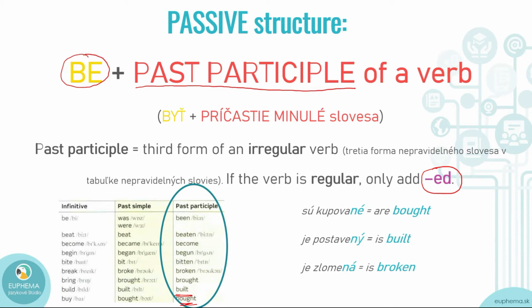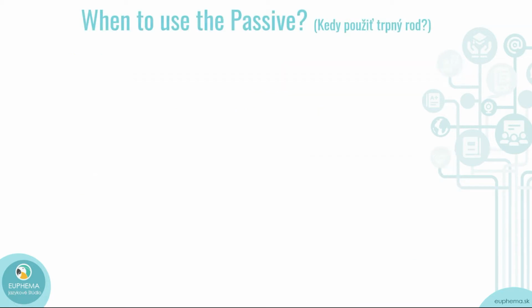For example, it is broken. Broken is this past participle of break. So zlomená, broken. And I also put there one example of a regular verb, which is watch. So je sledovaný. For example, he is watched. Ed. Fine.